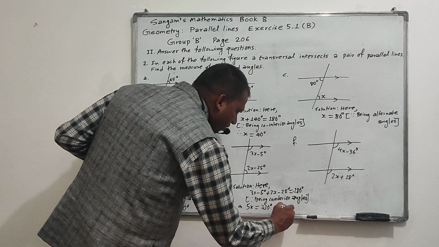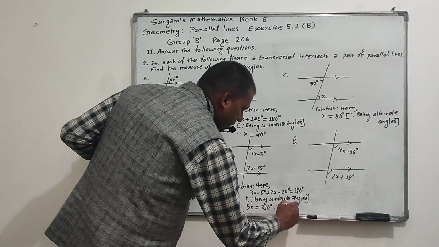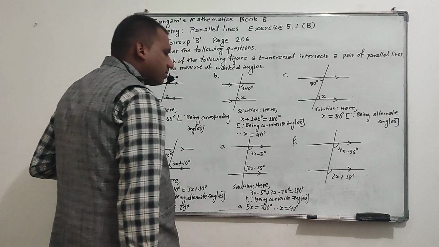Therefore x equal to 210 divided by 6, that is 35 degree.